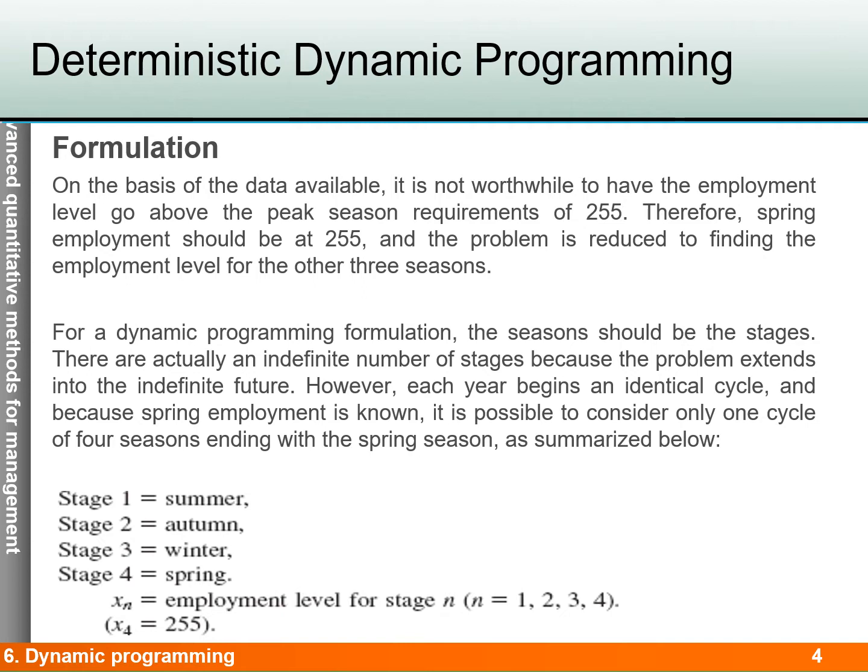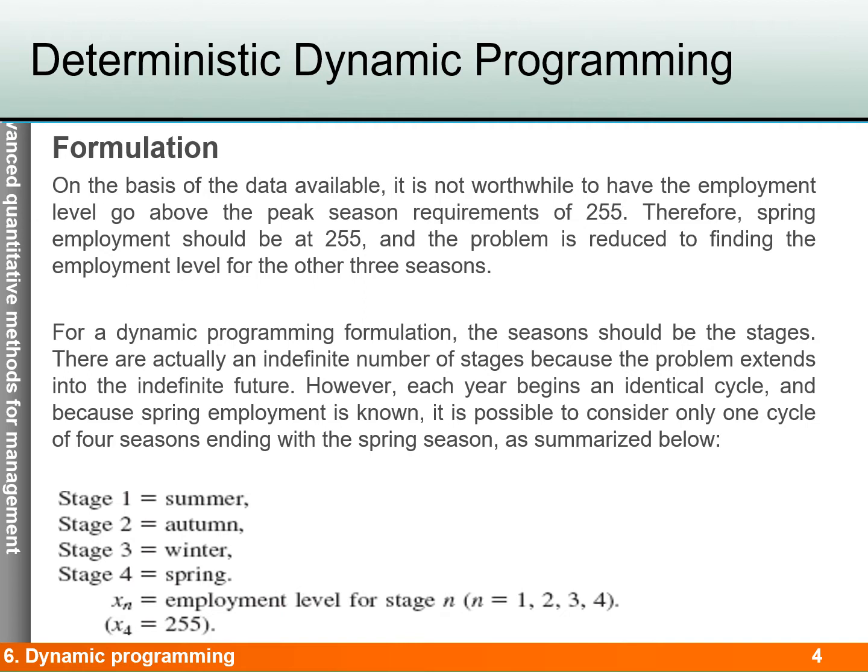So based on the numbers in this table, it is not worthwhile and it doesn't have any meaning to have the employment level go above the 255. Okay, because with a maximum of 255, all the seasons could work perfectly.